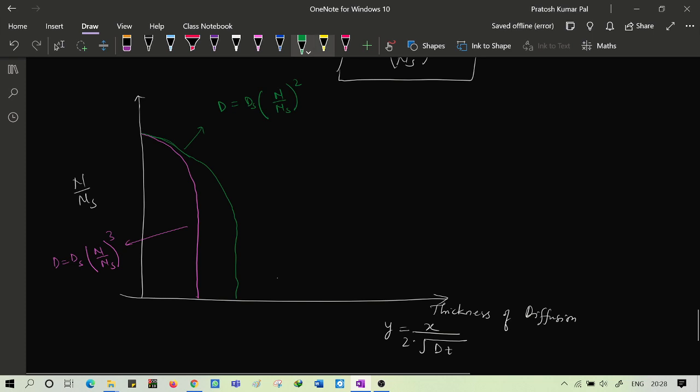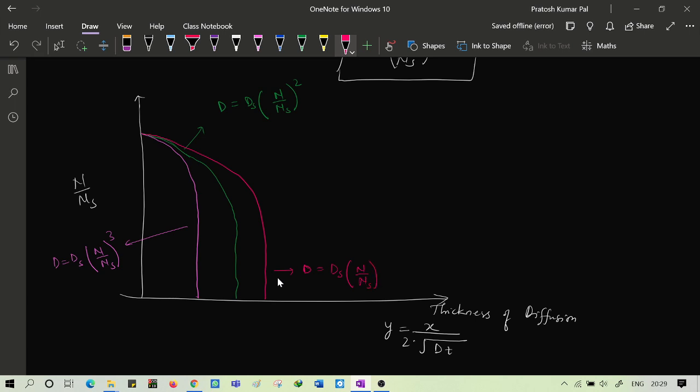The next we will see is when D is equal to Ds into n by ns.